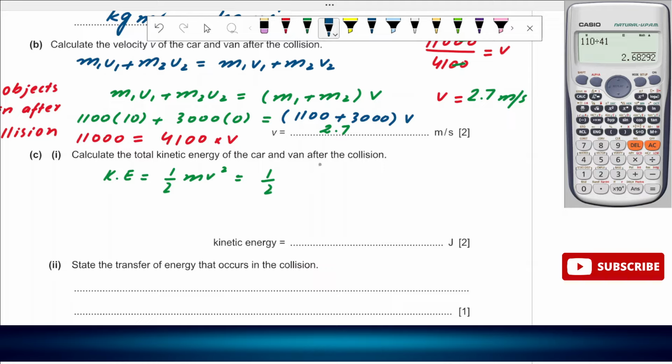Their collective mass is 4100 and their collective speed is 2.7, square of it. Then we write this as it is on the calculator. So 1 over 2 simply means 0.5 times 4100 times square of 2.7. On the calculator we get 14944. In 2 SF I can simply write it as 15,000. If you want to copy paste the answer, you can. Totally your choice.